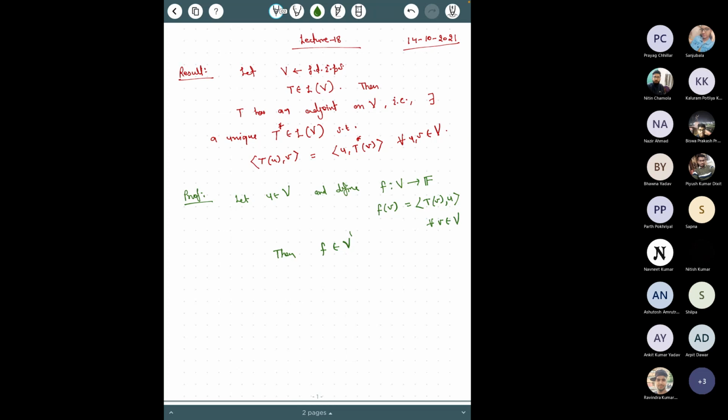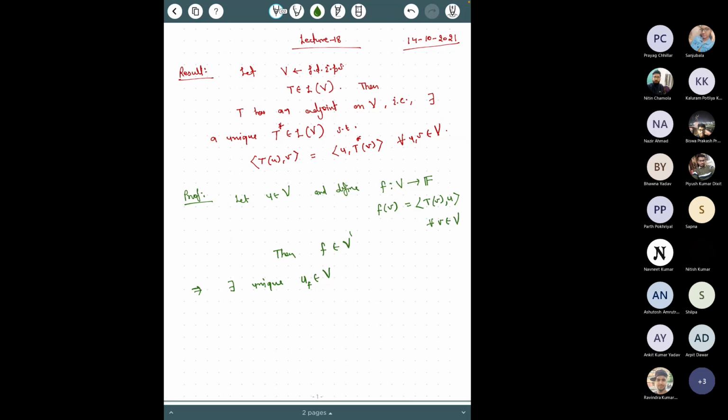Now, since this is a linear functional on V, from the observation in the last lecture, we know that there exists a unique vector, let's say u_f in V. This is just a notation depending on this f.